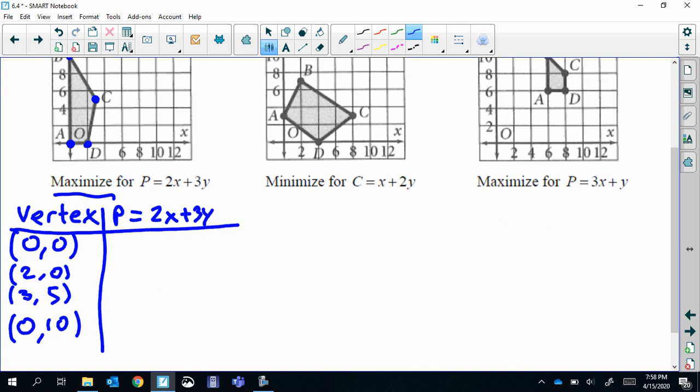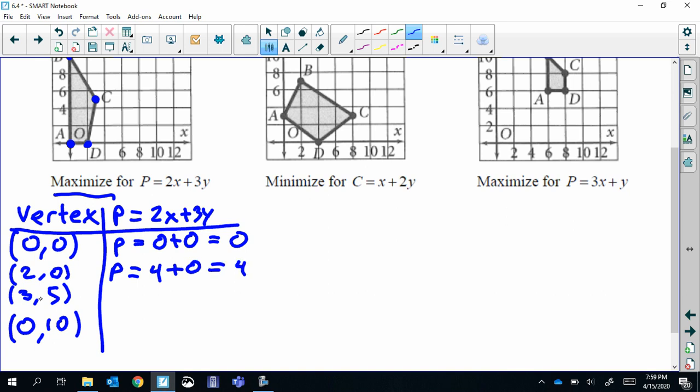When we plug in 0, 0, we get P equals 0 plus 0, which is 0. Plug in 2 and 0. We plug in 2 for x. 2 times 2 is 4. 0 times 3 is 0. We get 4.